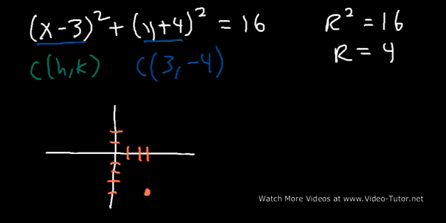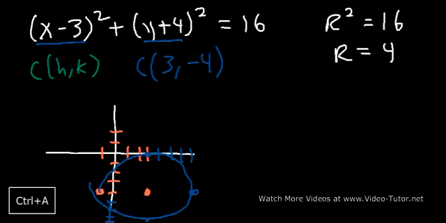Now, because the radius is 4, we need to go 4 units to the left, which will give us this point, 4 units to the right, and then up 4 units, and then down 4 units. And so that's the circle. Let's try one more example.